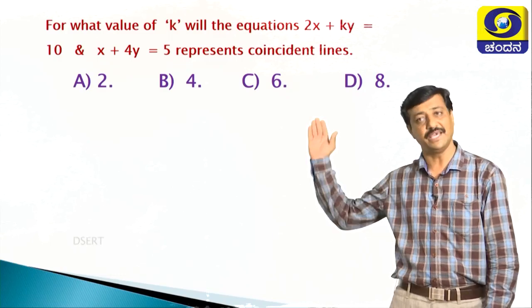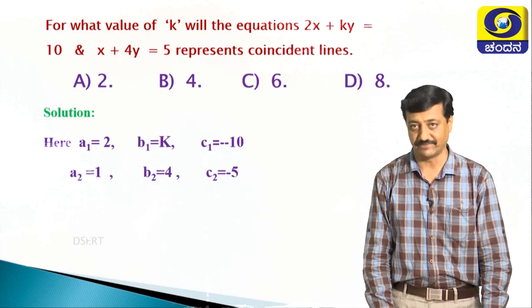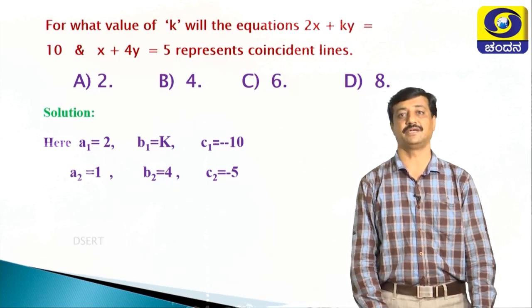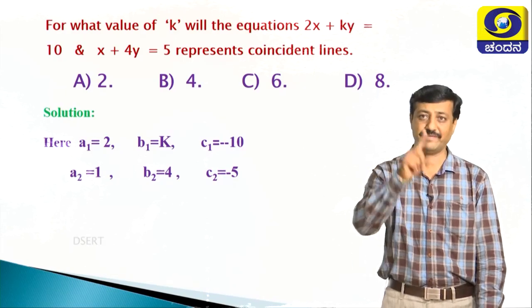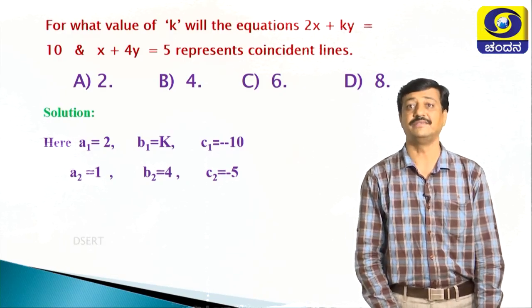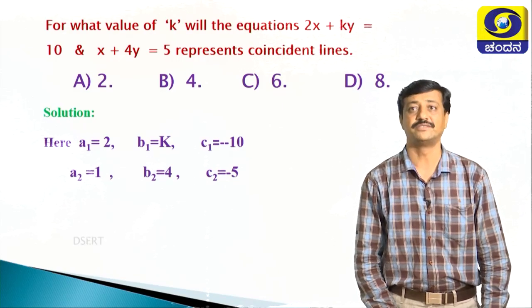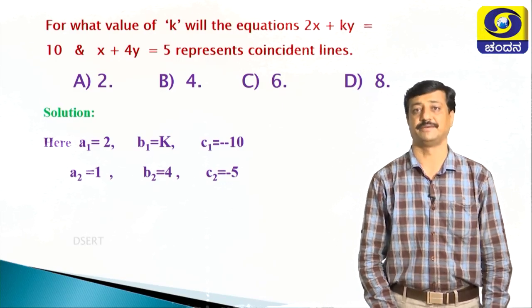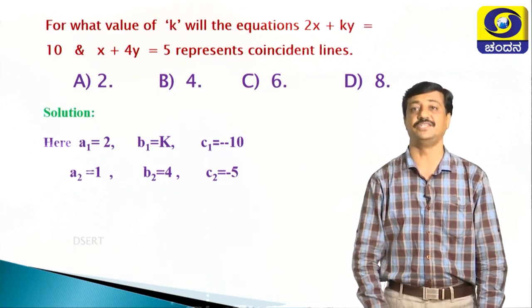Let me solve it in the same way. First, we have to compare the given equations with the standard form. After comparing, we get the values a1 as 2, b1 as k and c1 as minus 10. In the same way, a2 value 1, b2 value 4 and c2 value minus 5. After getting these 6 values, let us apply the condition.